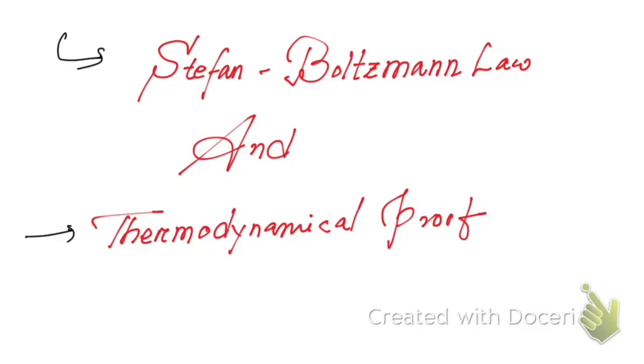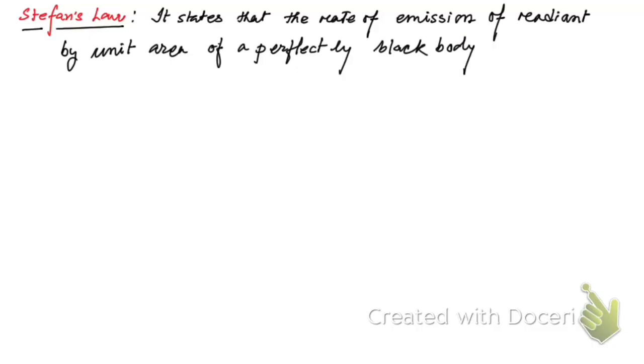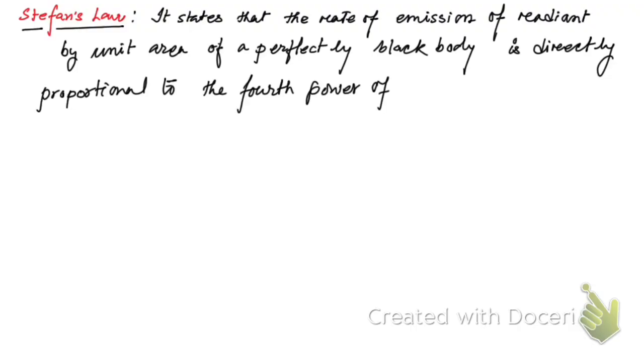So now let's start. Stefan's law states that the rate of emission of radiant energy by unit area of a perfectly black body is directly proportional to the fourth power of its absolute temperature.